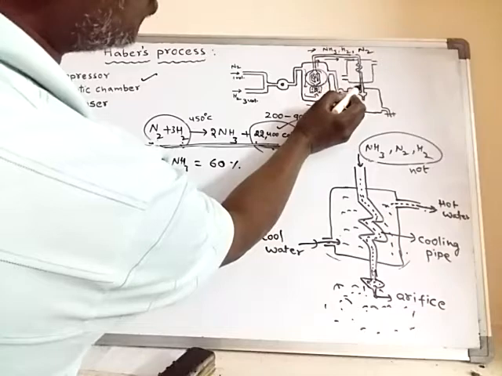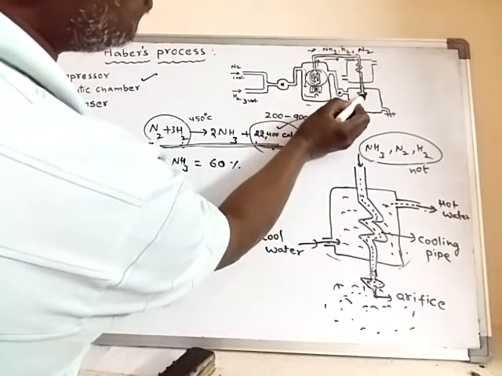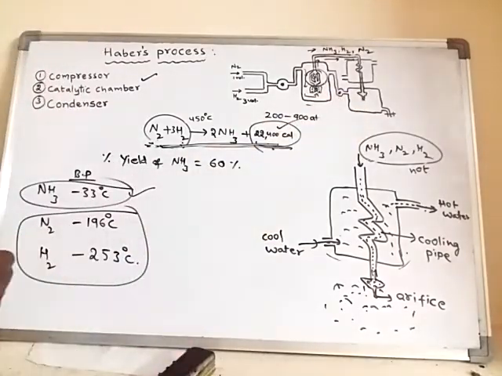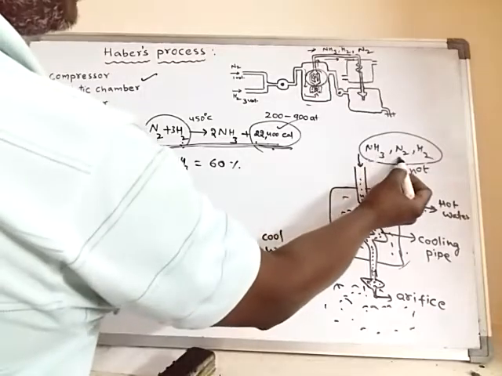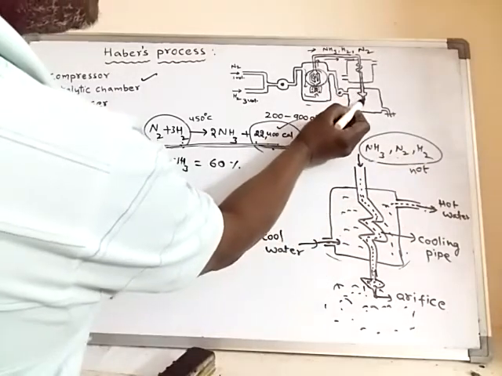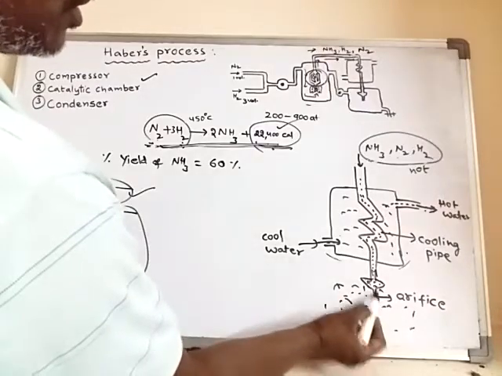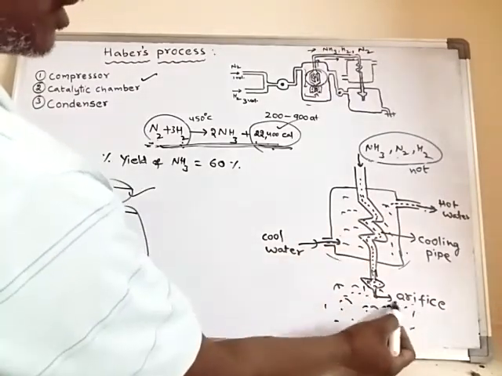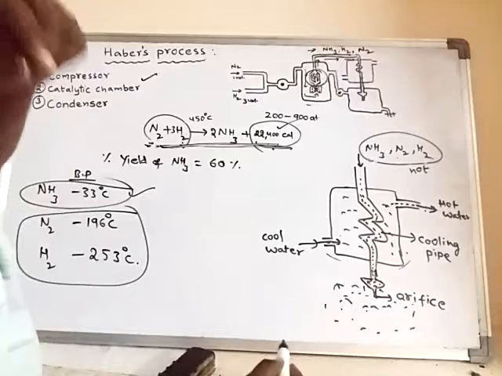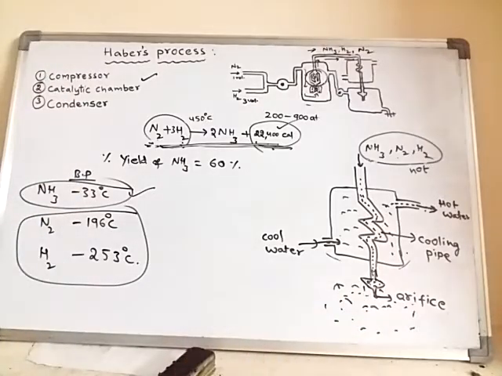So from this cooling portion, the cooled compressed mixture of ammonia, nitrogen and hydrogen passes through this orifice. Sudden expansion takes place. Due to sudden expansion of the compressed gas, liquefaction takes place.